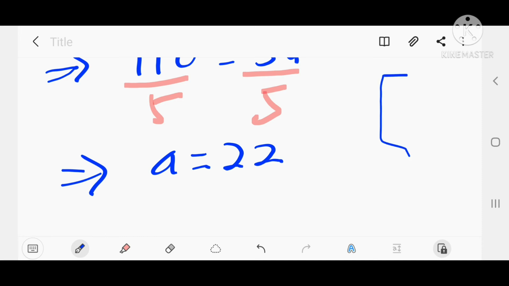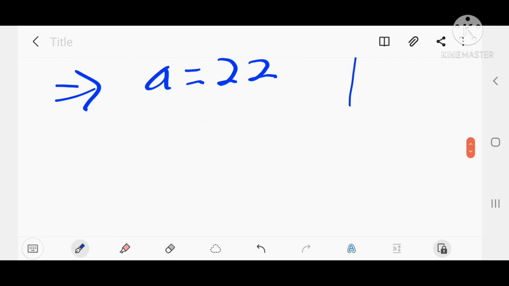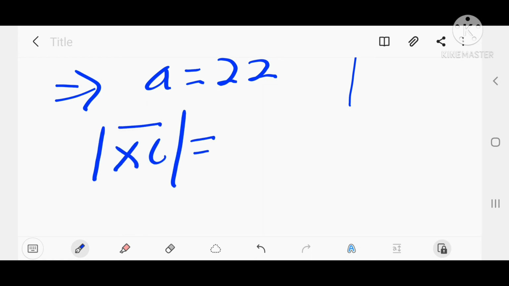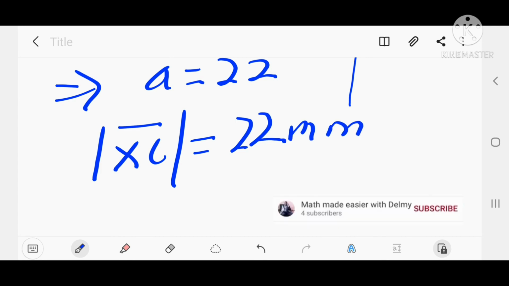This implies that the length of the line XY equals 22 millimeters.